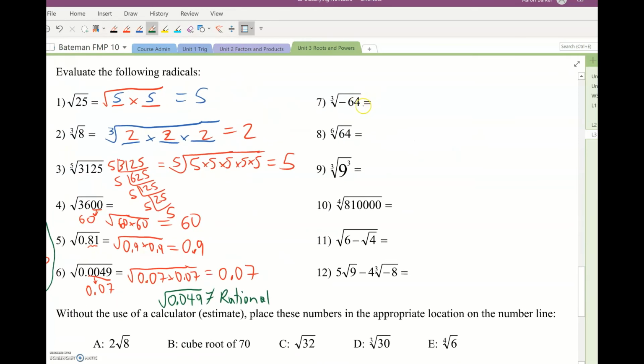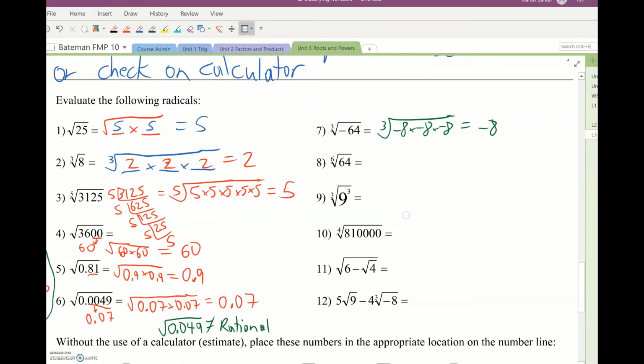Cube root of negative 64, well, that's going to be a negative number. Negative 8 times negative 8 times negative 8. Sorry, negative 4 times negative 4 times negative 4. And so that equals negative 4. But what about the fourth root? The fourth root of negative 64 equals undefined.